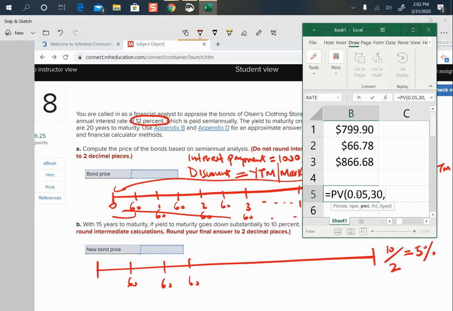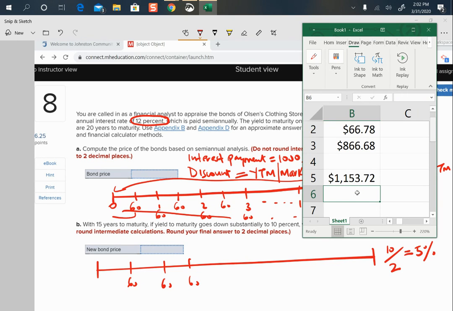In terms of payments, the payments will still be the same, which is $60. And the future value is still the par value, or the face value of the bond, which is $1,000, and all these payments are at the end of the period. So you just ignore that, or you can put zero there, and you enter, and this bond will be selling for $1,153.72.